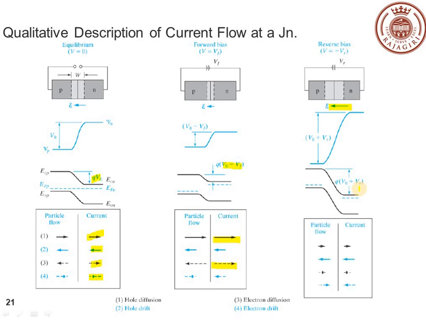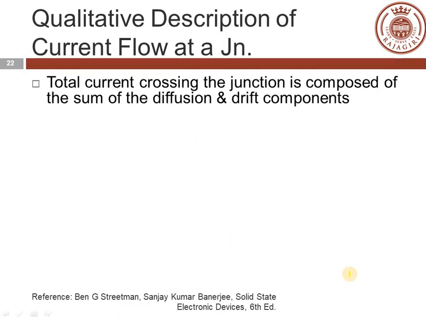If you consider the corresponding current components, our diffusion components will be smaller compared to the drift components. And if we have some carrier generation at the junction, these drift components will contribute to a large current. The total current crossing the junction is composed of the sum of diffusion and drift components.